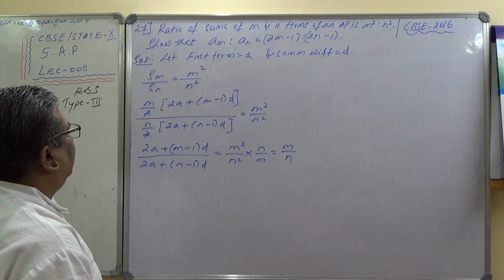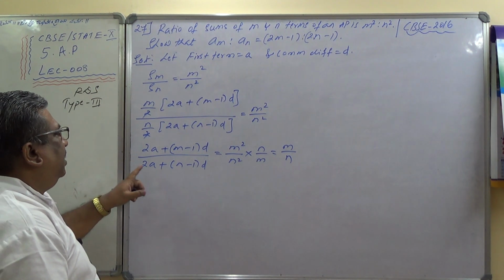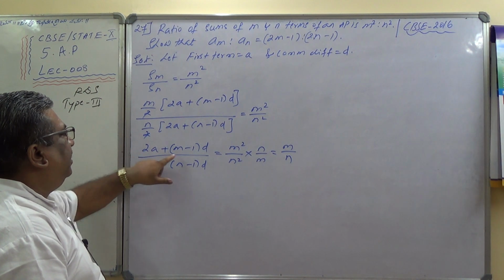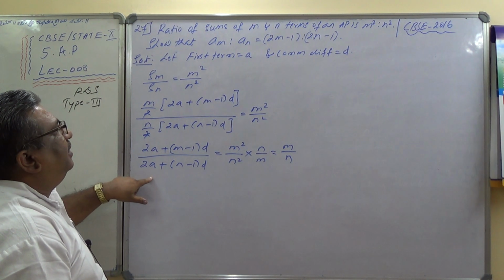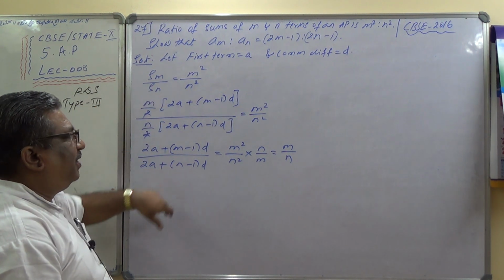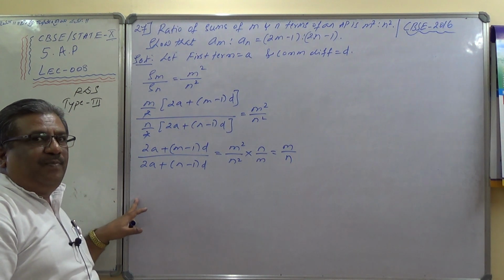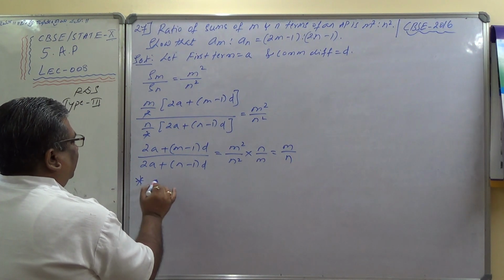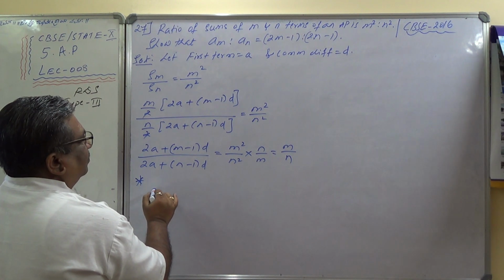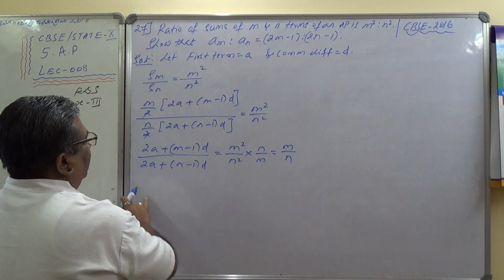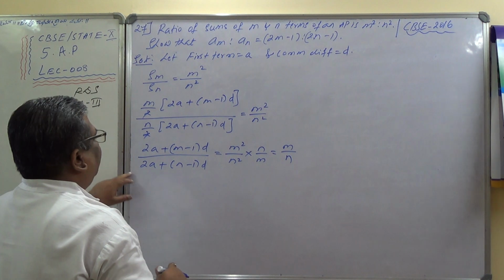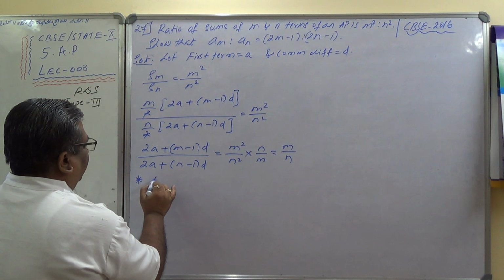So what we have to do now? Let us try to find out the A and D relationship here, and then you take the ratio of am is to an. So let us do the cross multiplication. This cross multiplication method is important here. I think we can do cross multiplication here itself.